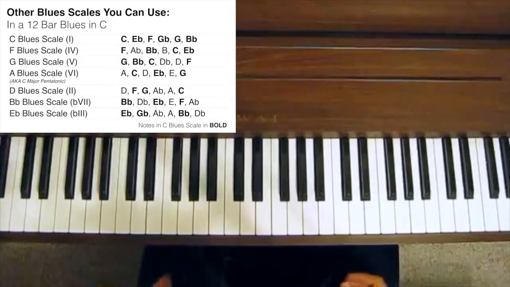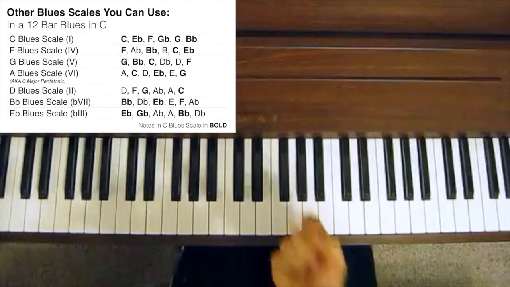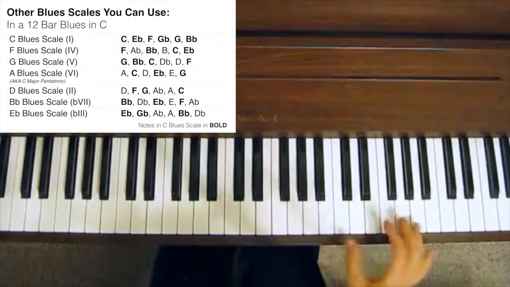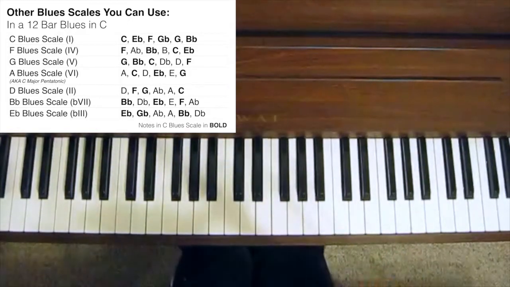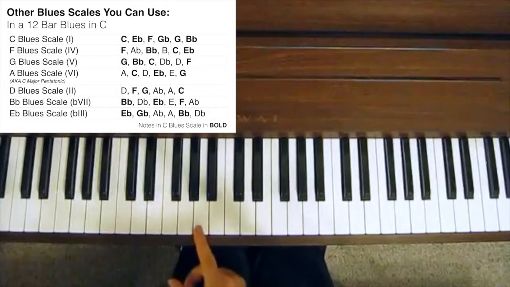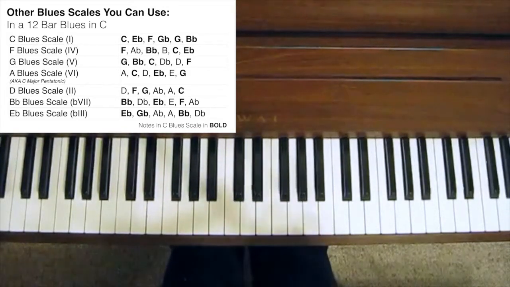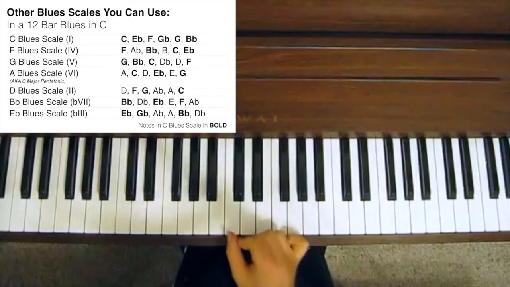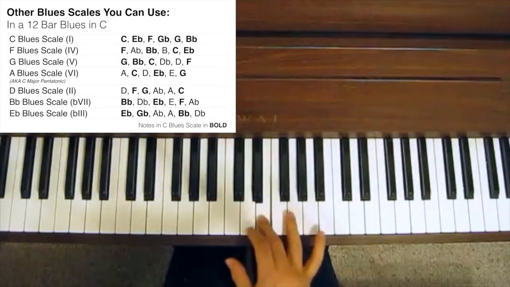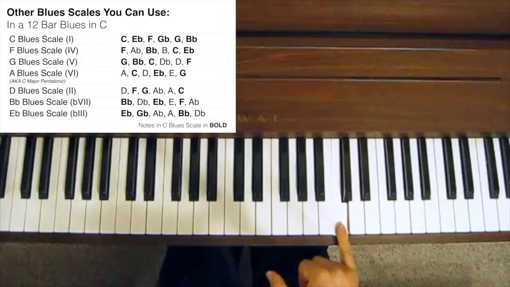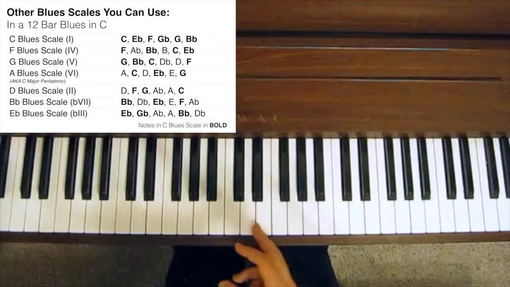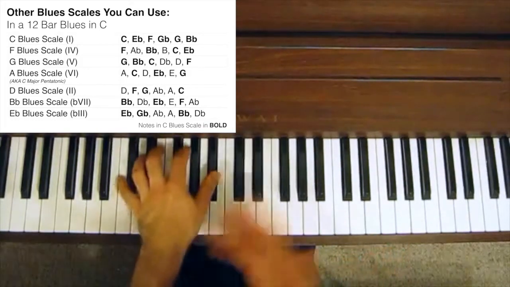Now that sounds good as well, but that obviously has a little bit of a different sound. That sounds a bit more major, and the reason is because the A blues scale, or the A minor pentatonic, is the exact same thing as the C major pentatonic. So you're effectively playing the C major pentatonic over a C blues.